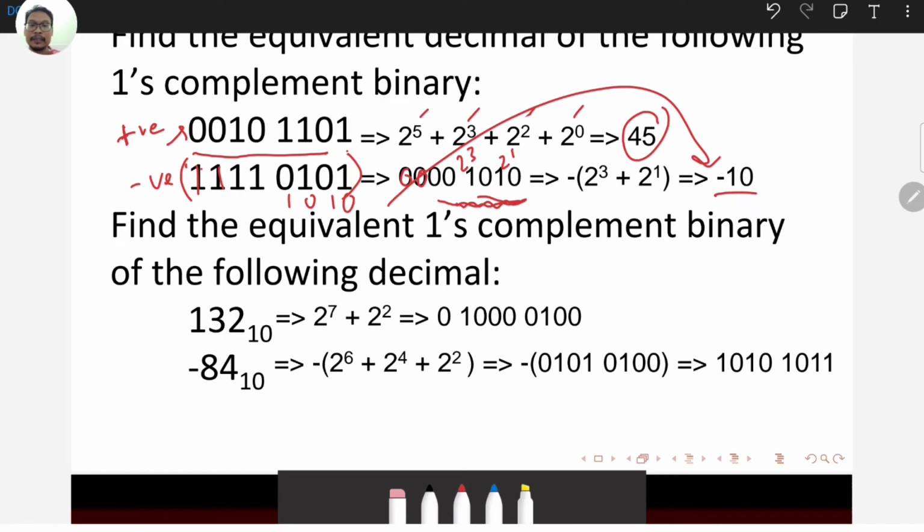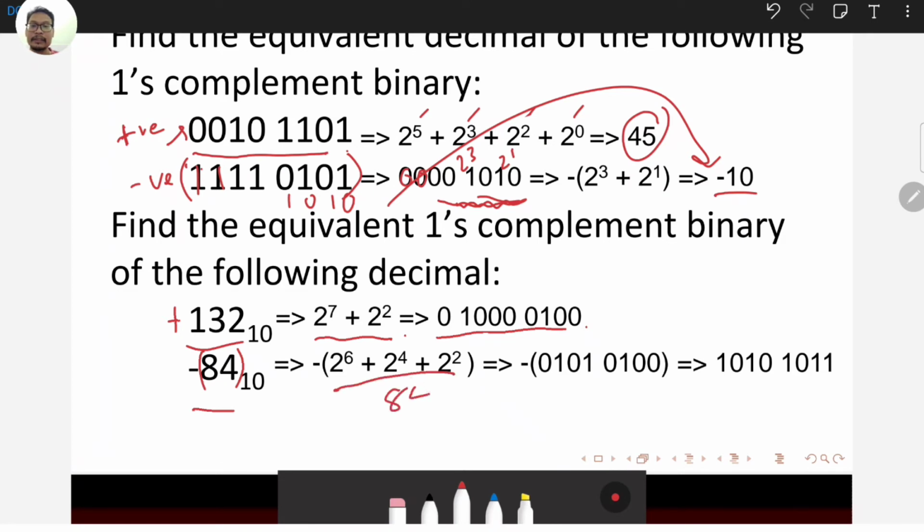We can also do the same thing given the decimal number 132. So 132 is a positive number, so we can use standard binary: 2 to the power of 7 plus 2 to the power of 2, we get 132, and we can simply get the standard binary for 132. However, for negative 84, we need to find the magnitude of 84 first, which is here.